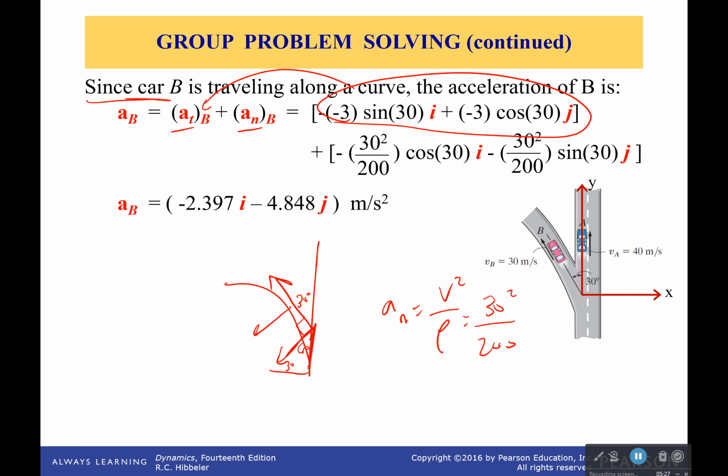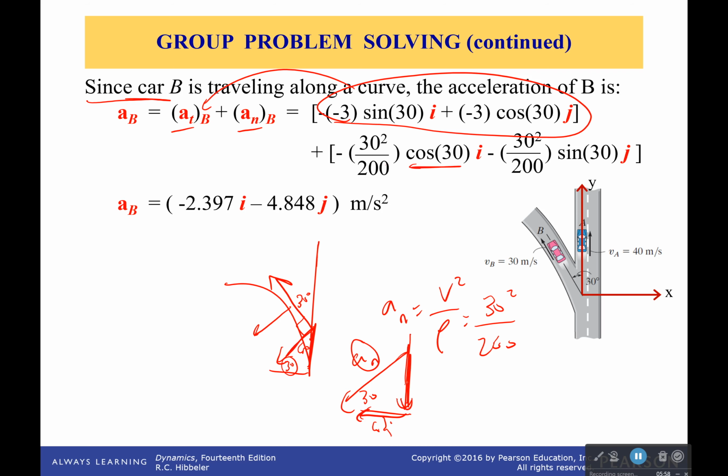Okay, now I'm using the 30 degrees right here. And this is my normal acceleration, AN. Now I want to first get the x component, which is going to be adjacent over hypotenuse. So it's going to be cosine of 30. And it's going in the negative direction. And I want my y component, which is going down here.